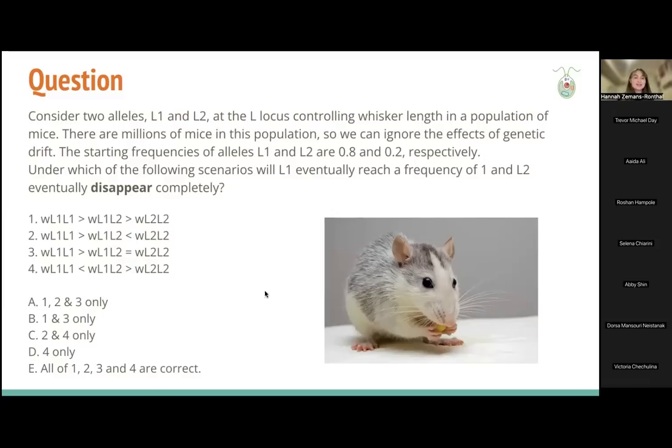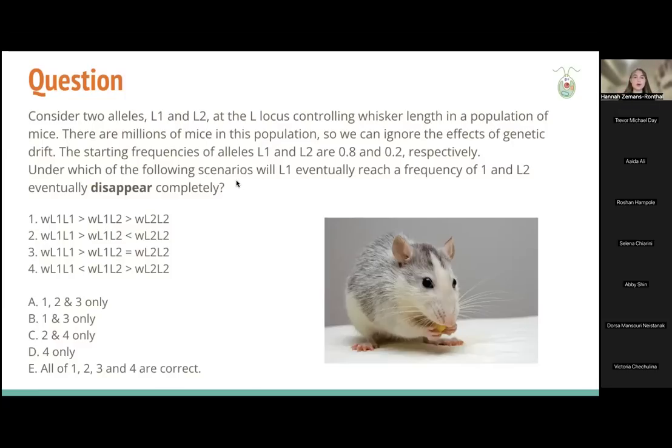Okay, so the answer to this is A, or 1, 2, and 3. So we're looking for which of the following scenarios L1 will reach a frequency of 1 and L2 will disappear completely. In 1, this is saying that the fitness of L1, or the homozygote, is greater than the fitness of the heterozygote, which is greater than the fitness of L2, or the other homozygote.